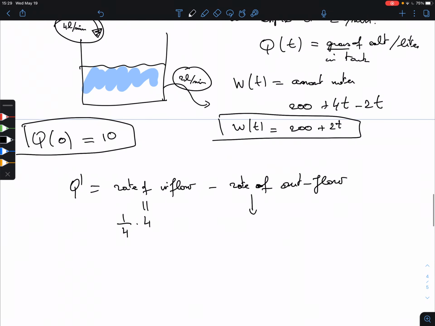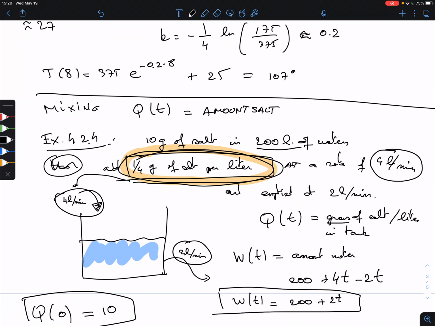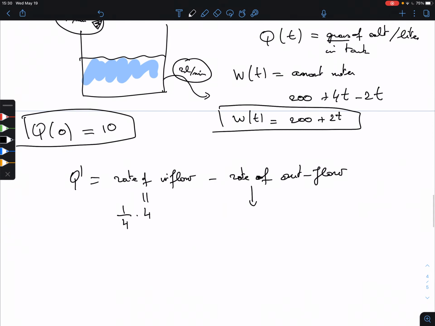Okay, so now, here is how much salt was coming in. We had 1/4 gram per liter, and we added 4 liters. So 4 times that, so 1 gram of salt was getting in. How much salt is going out?